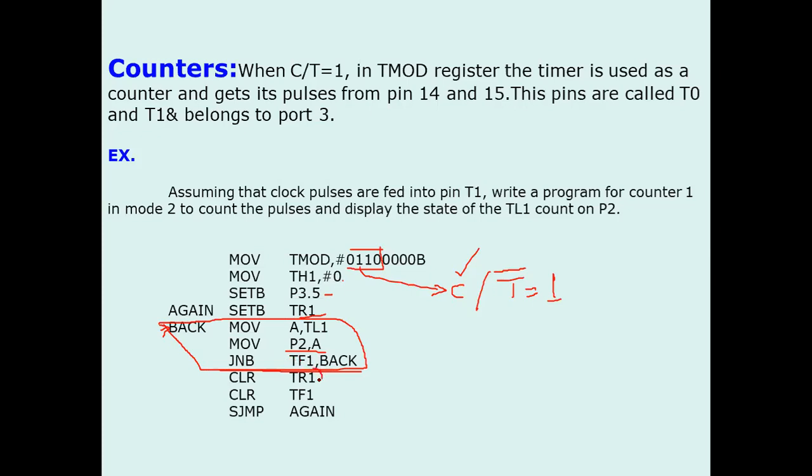When TF1 is set, this condition is not satisfied, so it comes to the next instruction, CLR TR1. That means clear the timer run control bit 1. Then CLR TF1. That means we reset the value of TF1, the timer overflow bit, and we stop the counting. When TR1 is stopped, the timer will not act.